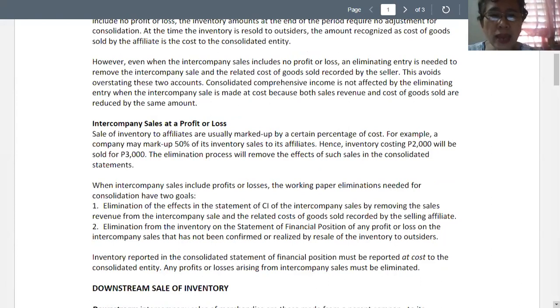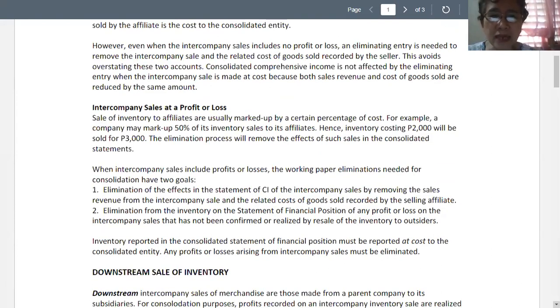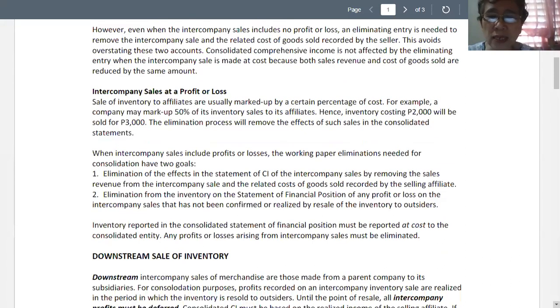Now, we have the downstream sale of inventory. By downstream intercompany sales of merchandise, it means that a parent is selling to its subsidiaries.